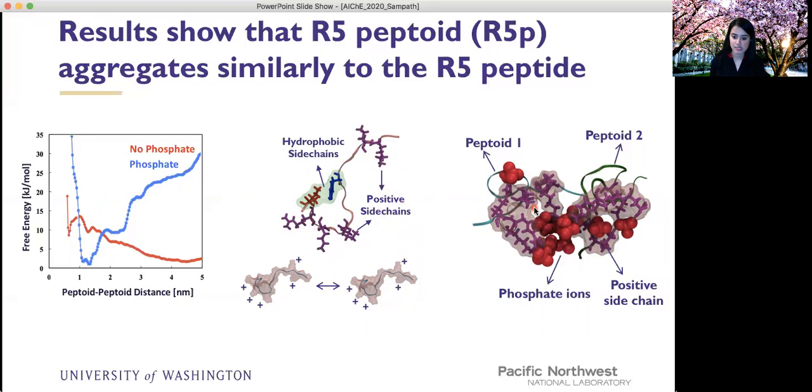And so we took these results to our experimental collaborators who at the same time were trying to design a silica mineralizing peptoid. Our hypothesis was that the peptoid should mineralize silica as its dimer structure is very similar to the R5 peptide, and the backbone hydrogen bonds do not seem to have an effect in its mineralizing ability. And so the lack of it in a peptoid shouldn't be an issue.